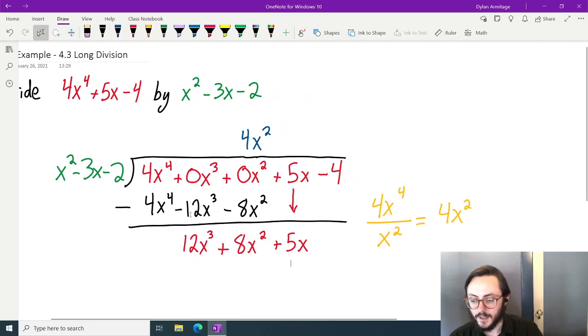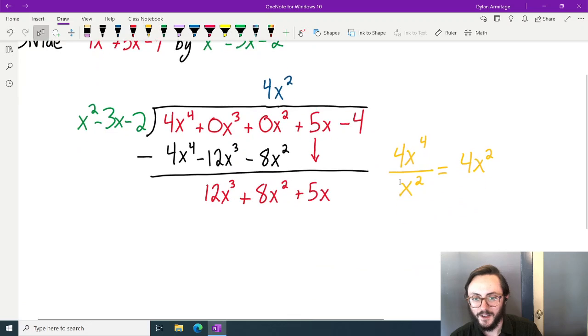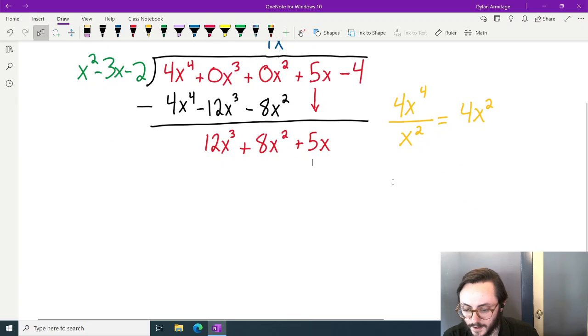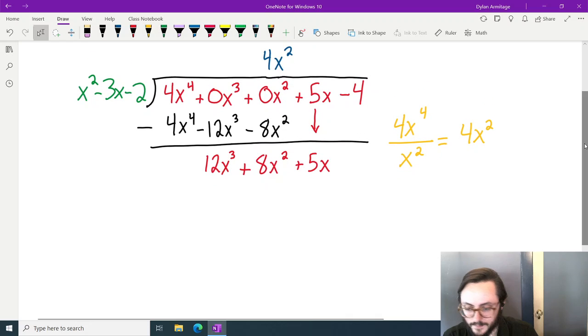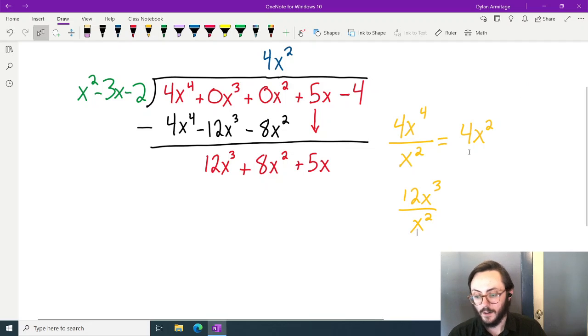And now we repeat the process again. So we want 12x to the third divided by x squared, the first term of this polynomial divided by the first term of our divisor, which gives us 12x.